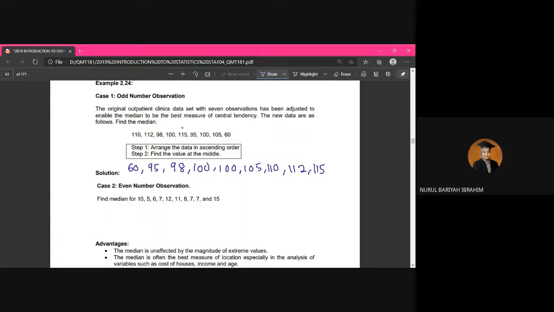Cukup ke? 5, 9. We have 9. Yes, odd number of observations.